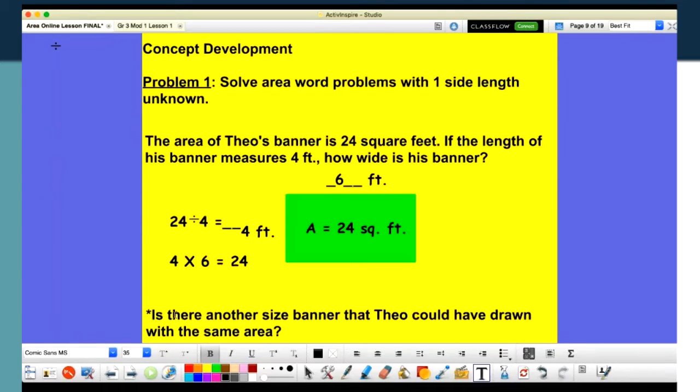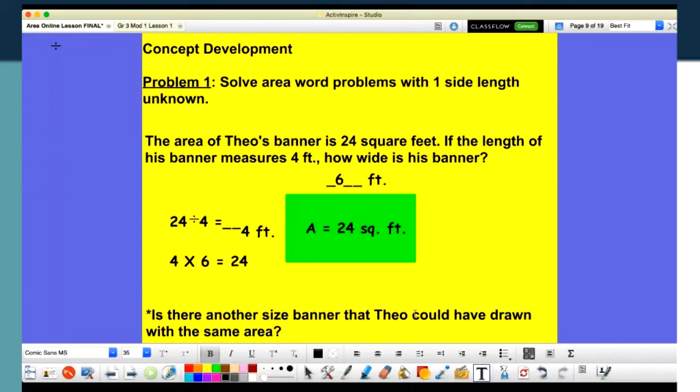Now, for a little challenge question down here, is there another size banner that Theo could have drawn with the same area? So in your mind or on your paper, can you think of a banner that Theo could have drawn that has the same area but 2 different side measurements other than 4 and 6?